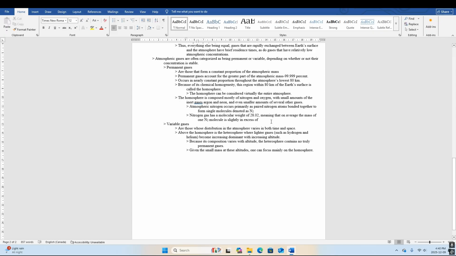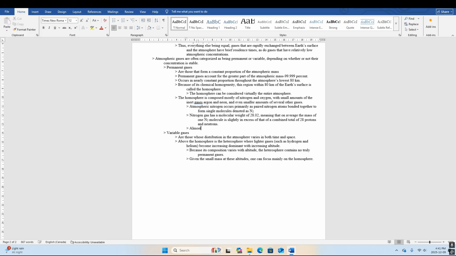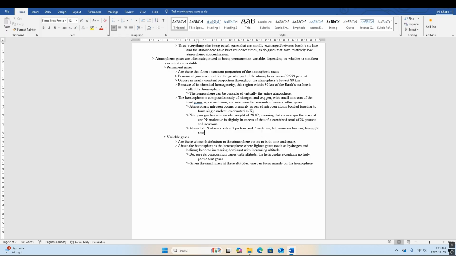Excess of a combined total of 28 protons and neutrons. Almost all N atoms contain 7 protons and 7 neutrons, but some are heavier, having 8 neutrons.